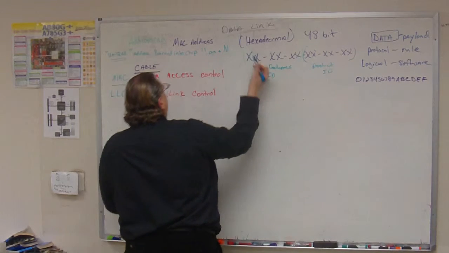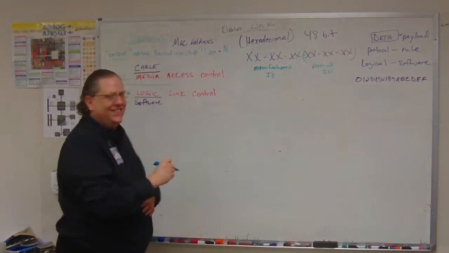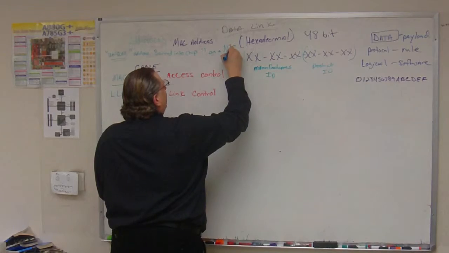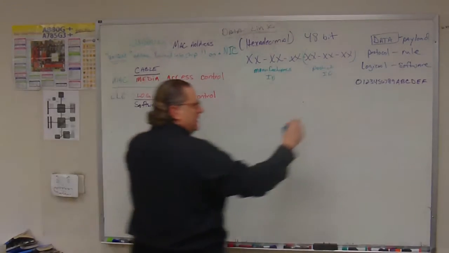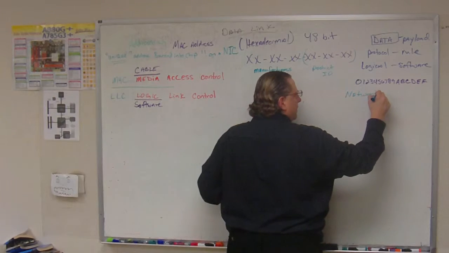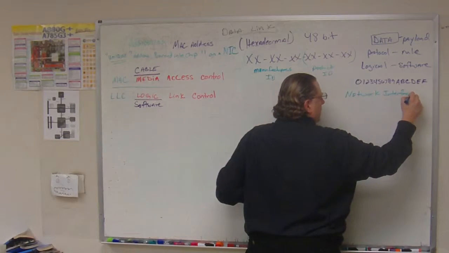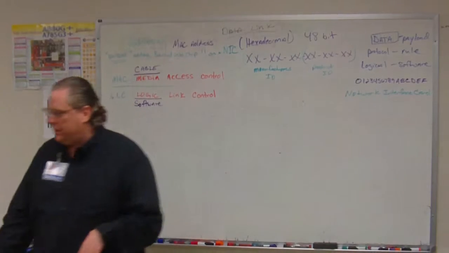Where is it burned into? On a NIC card. That's right, on a NIC card, on a network interface card. And let's write that out too. On a network interface card.